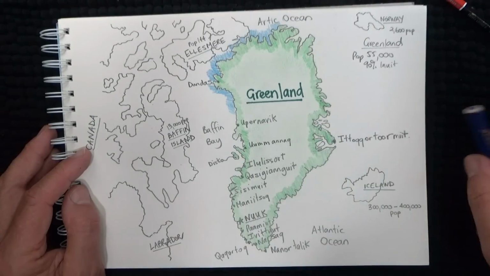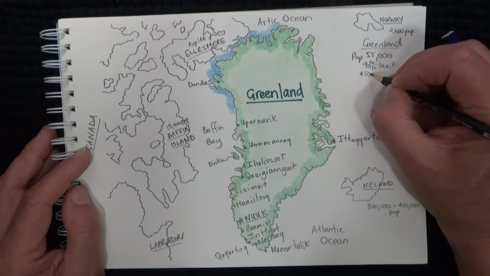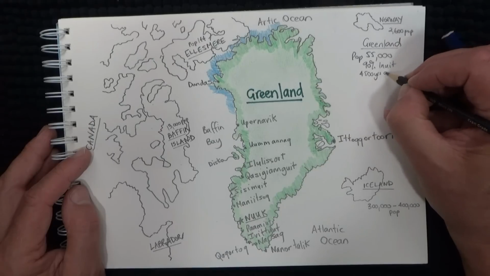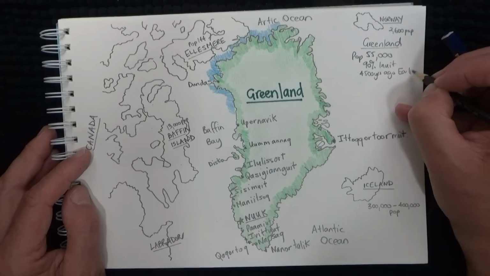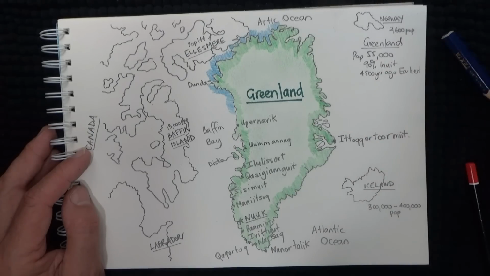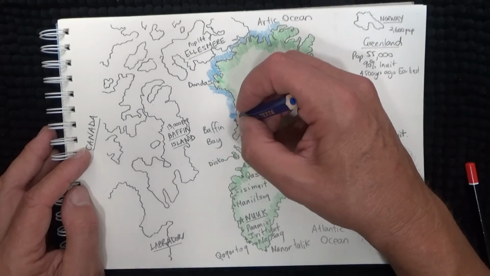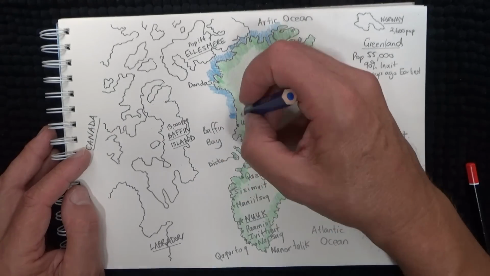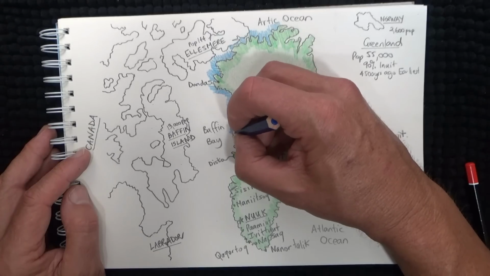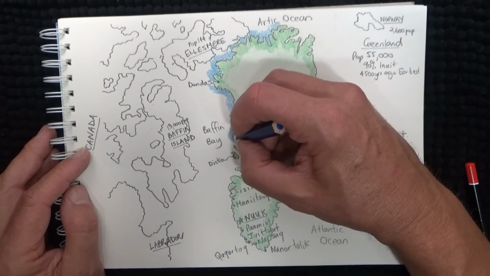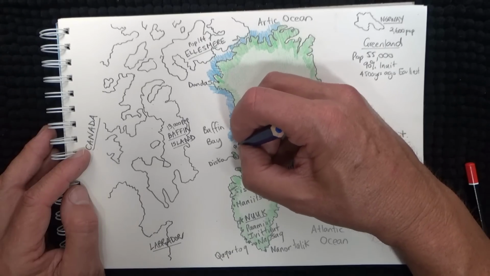So the earliest settlers, the Norse people, the people from Norway, came in around 1,000 years ago, and they lasted for about 500 years before they left, disappeared.